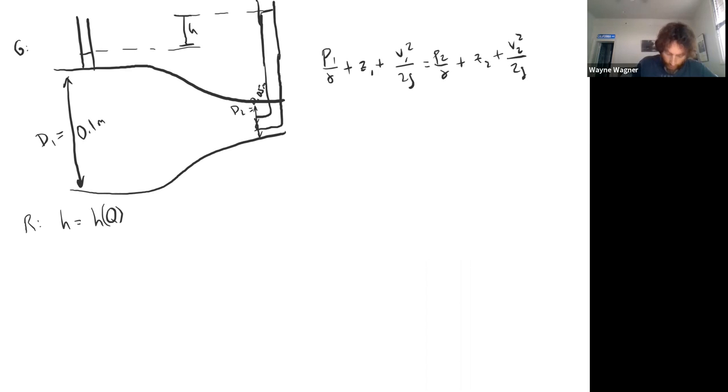Once again, we're going to get rid of the Z's because it's on the level, this is our datum. Or you could have any datum and just say they're the same. For P1 on gamma, that's this distance right here, which we don't know. I could call it capital H if I wanted to, which wouldn't really be necessary.